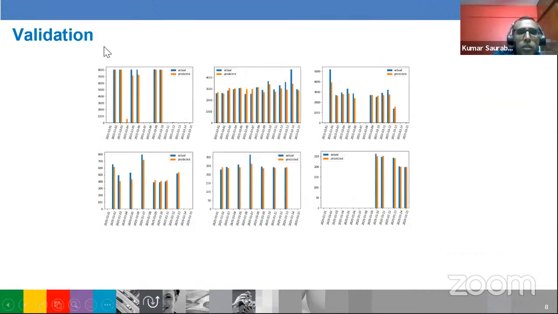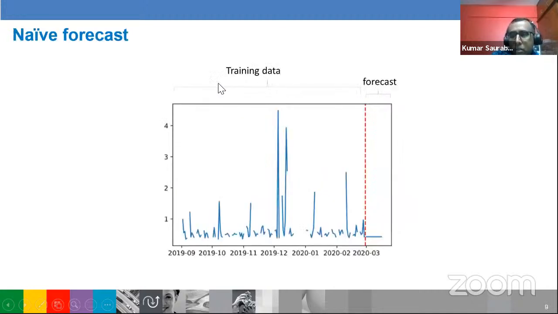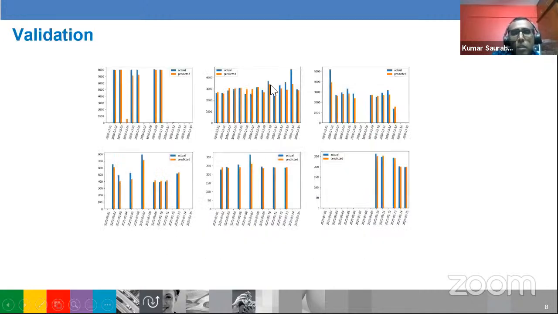Before that, let me show you some of the results that we got. For example, here, the first row represents the kind of data where we got good forecasts from random forest models. You can see a comparison of actual versus predicted values. And we computed metrics such as MAPE or RMSE.